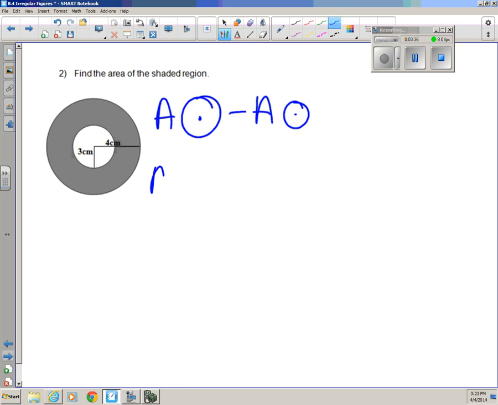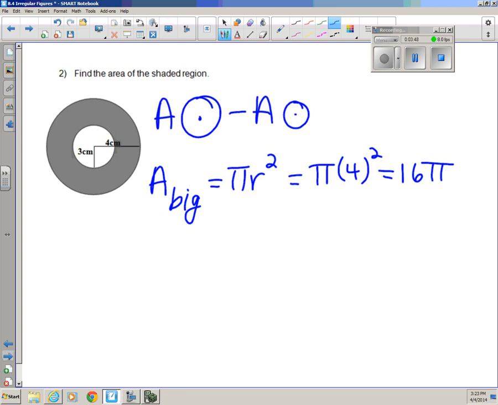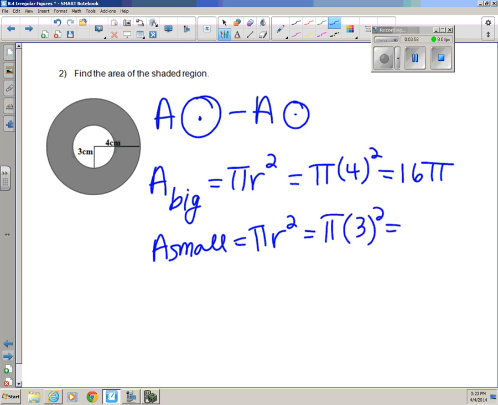The area of the big circle is pi r squared, so with radius 4 that's pi 4 squared, which is just 16 pi. The area of the small circle is pi r squared with a radius of 3, and that becomes 9 pi.